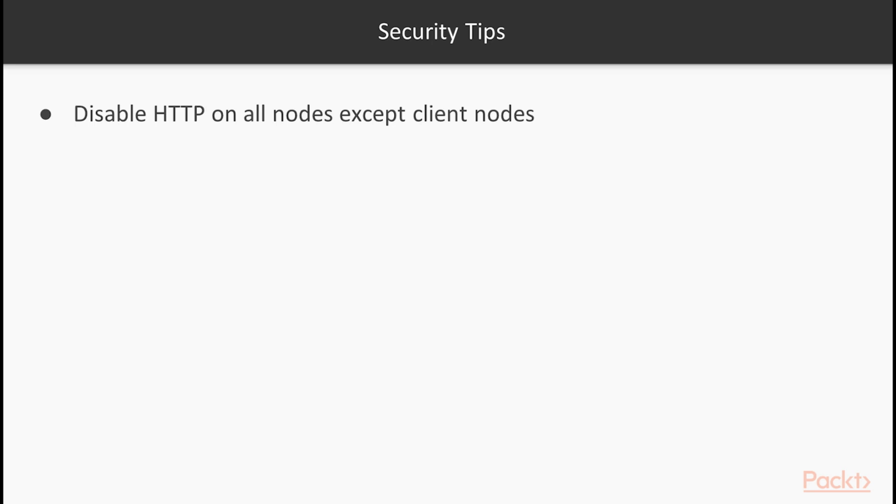With this, HTTP access, and Elasticsearch APIs by extension, will only have access to client nodes. This allows for search requests from the web. However, and be mindful of this, you will not be able to use the cluster APIs to gather monitoring data on all other nodes, master node, data node, etc.